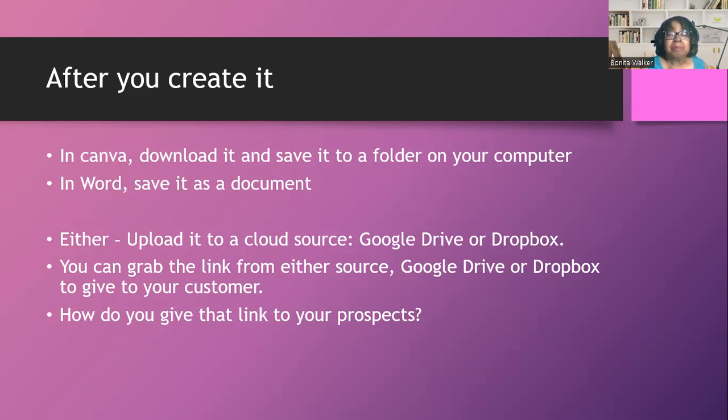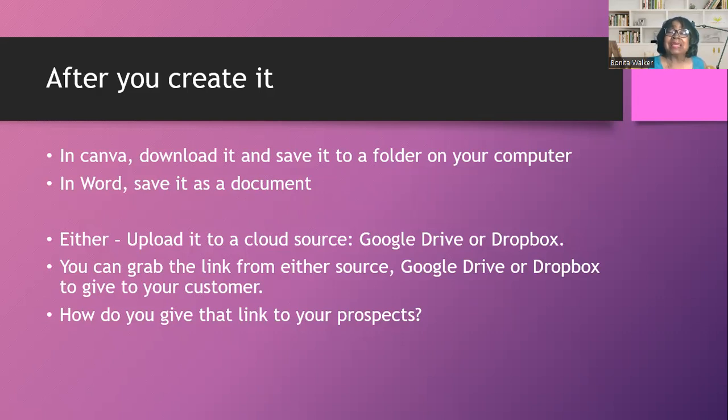you are going to upload that piece of information, that freebie, to a cloud source. Now, you don't want to upload it to the email provider itself. There are some email providers, not a lot, but some email providers allow you to upload your freebie right to their platform. An example would be MailChimp.